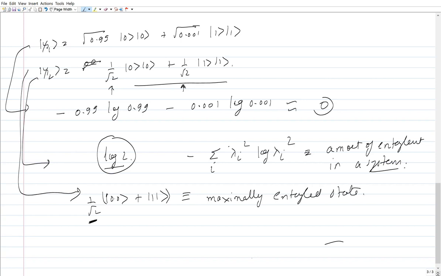This was a Hilbert space of dimension 2 tensored with another Hilbert space of dimension 2.